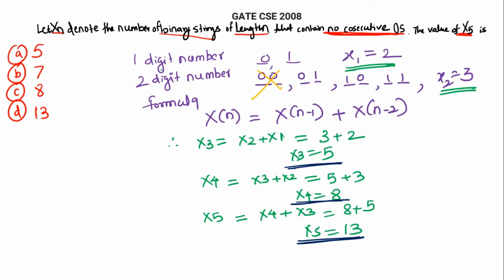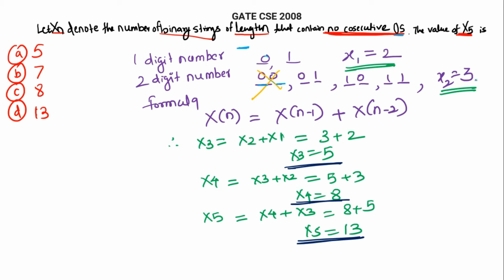For one digit, you have two possibilities, 0 and 1, so the value of x1 is 2. For two digits, where you cannot place 0 consecutively, you could have 00, 01, 10, 11, but you can't consider 00, so there are only three possibilities.